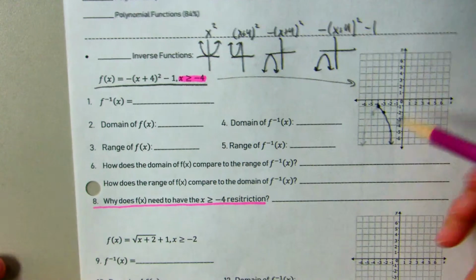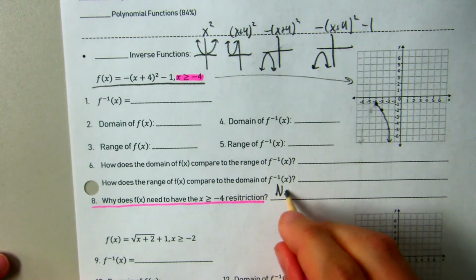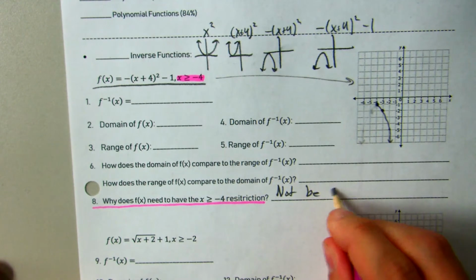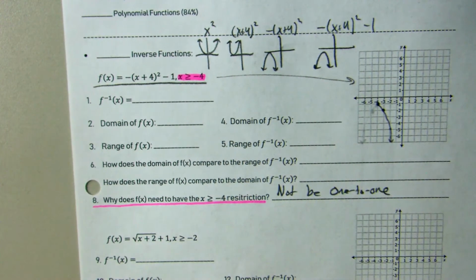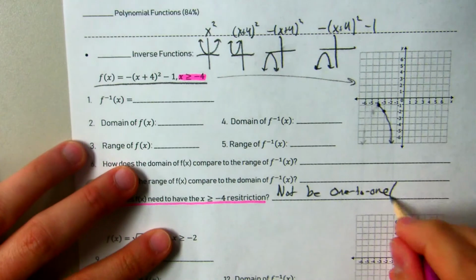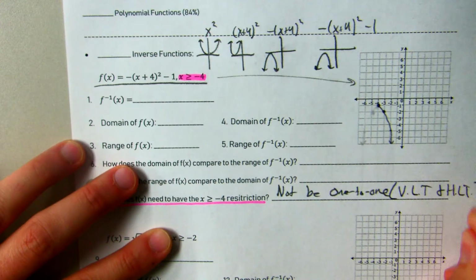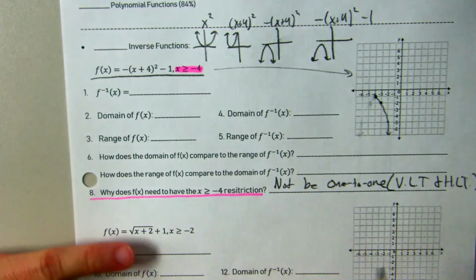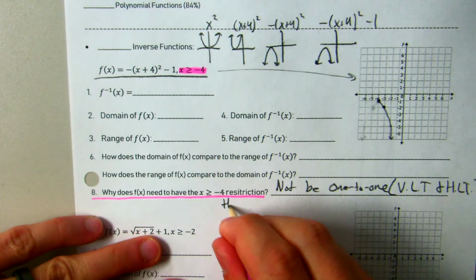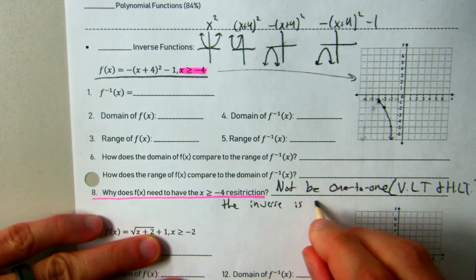And the reason why is because without that restriction, it would not be what we call one-to-one. The one-to-one means it passes the vertical line test and horizontal line test. And that's important because if it's not always one-to-one, the inverse would not be a function.